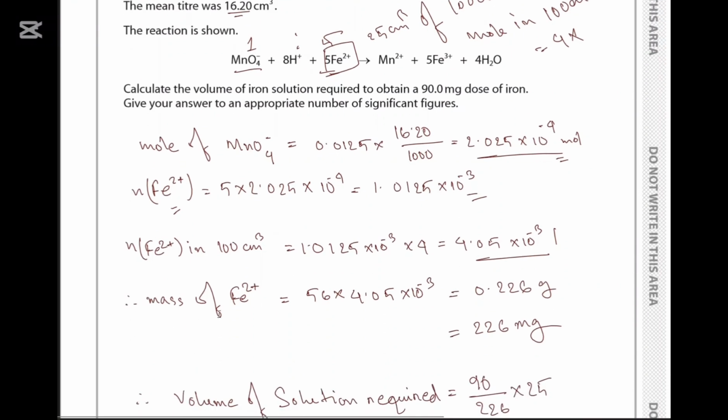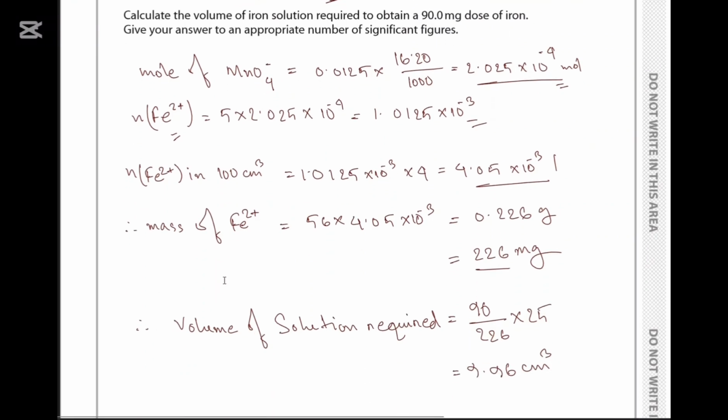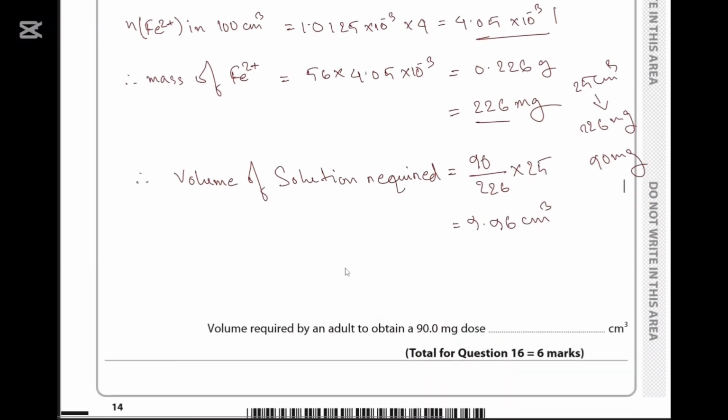Therefore, if I find the mass from this mole, I get 226 milligrams. So in 25 cubic centimeters of solution, I have 226 milligrams. I need 90 milligrams. Therefore, using the unitary method, the volume I require is 9.96 cubic centimeters.